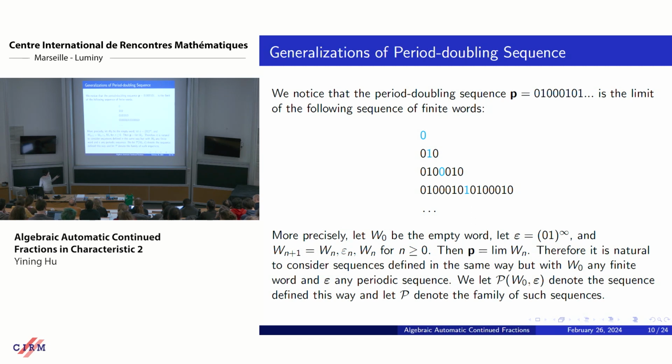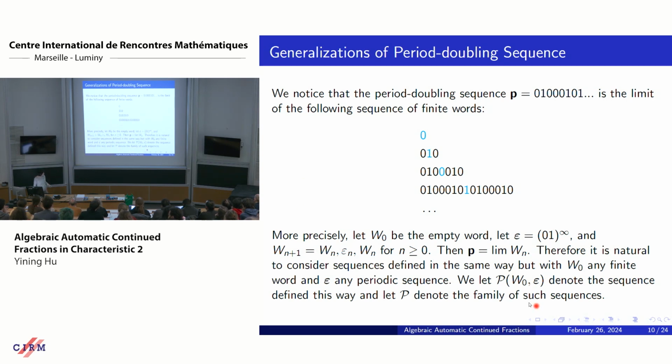That is, we start with W0 being any finite word and epsilon any periodic sequence. Then we define Wn plus 1 by this relation, and what we obtain is a sequence that is an analog to the pure doubling sequence.